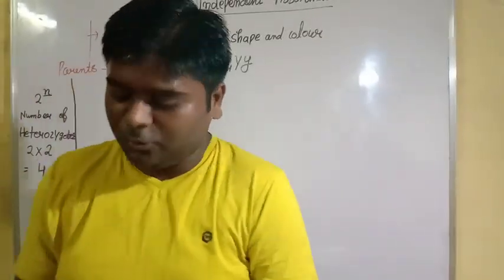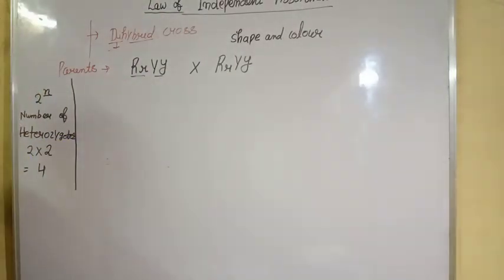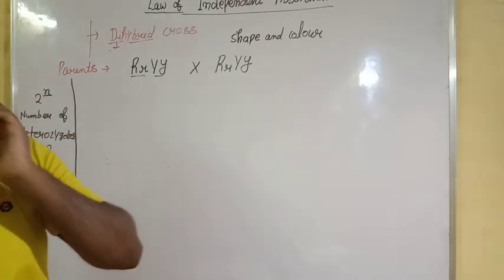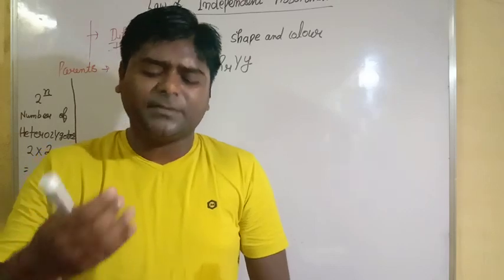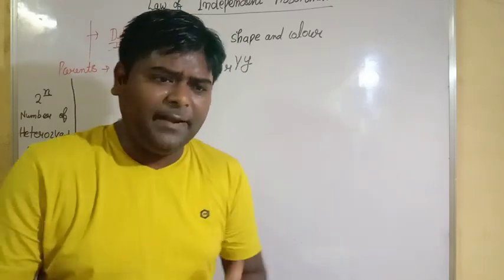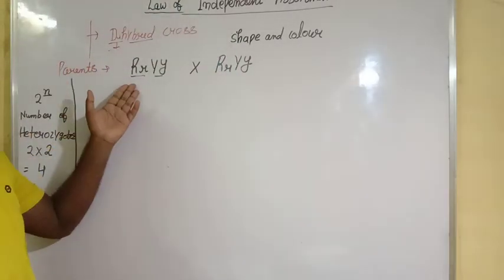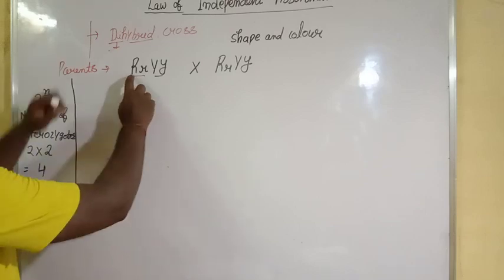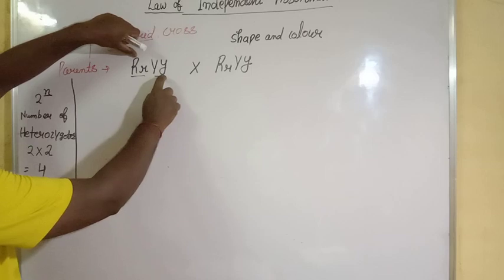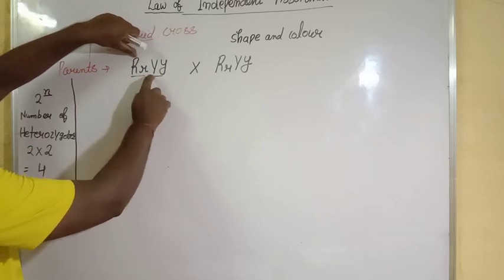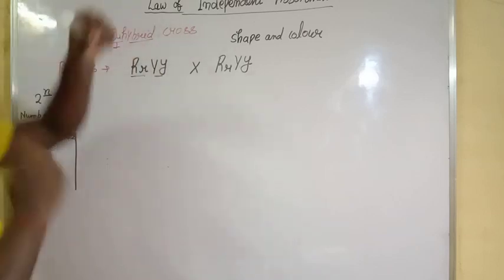It is clear now. Now, what is the pattern of the formation of gametes? The conventional method: many teachers explain by crossing this one with this one, then this one with this one, then this one with this one.